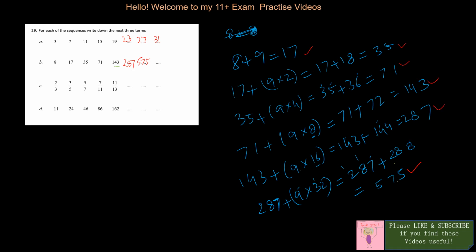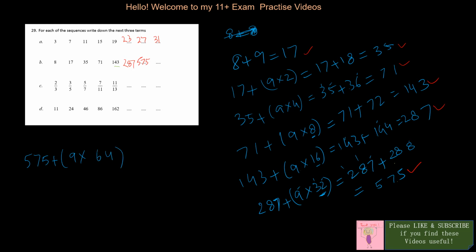Okay, now the last one, it's going to be a big one. So 575, we have to double 32. Plus 9 times double of 32, which is 64.